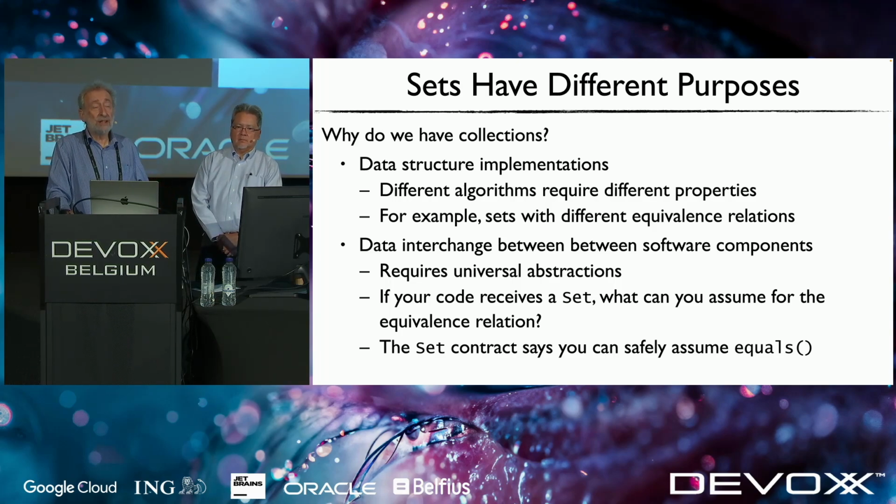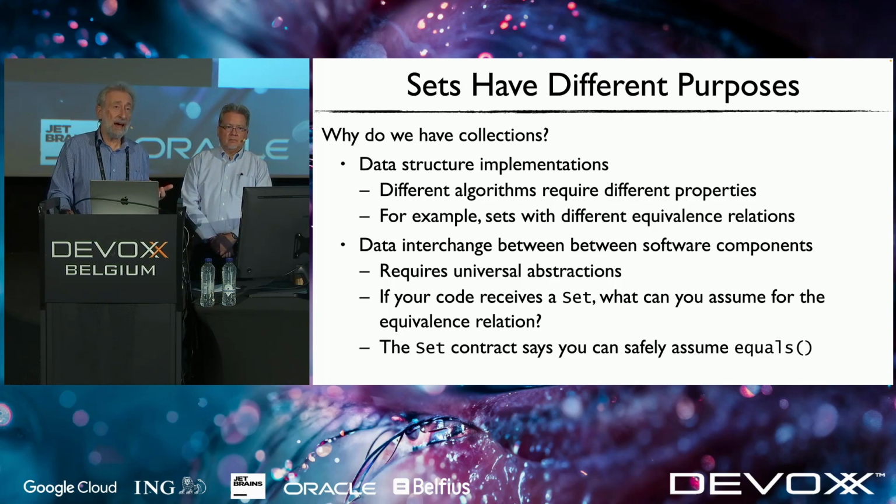And the problem here is if you get a set of elements from another part of the system, you can't tell what the equivalence relation of that set is.